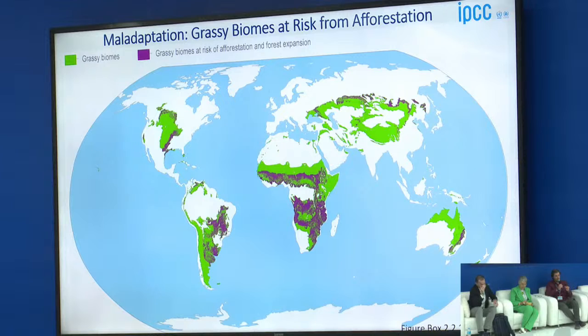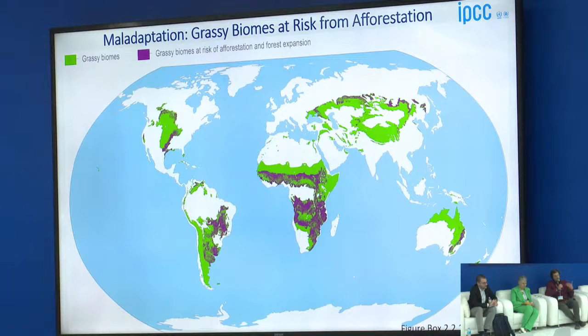And those purple patches are showing where an afforestation campaign could be at risk of planting trees in naturally unforested ecosystems. And so that can exacerbate climate change risks to food security, to water security, and present risks to local biodiversity through habitat transformation. Africa is particularly at risk from this type of afforestation, but you can see that it's widespread on every continent except Antarctica.